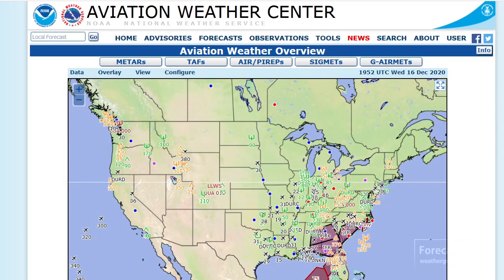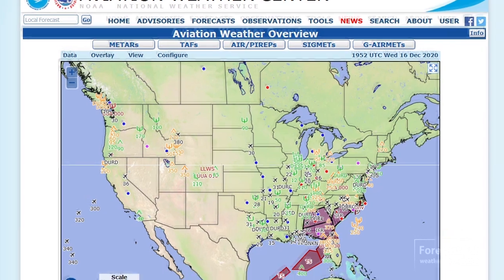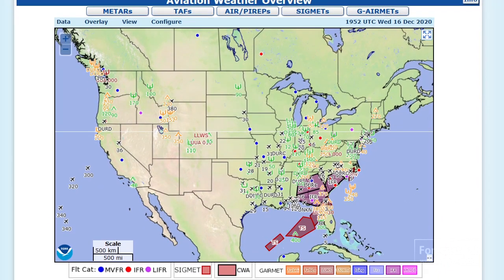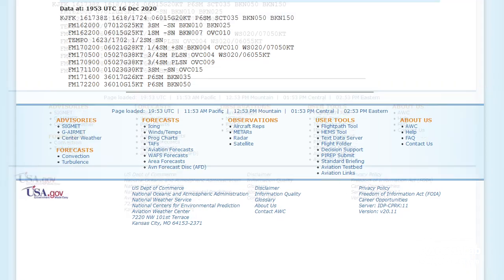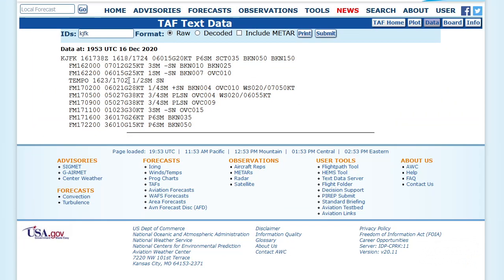Now here's one interesting perspective we can use to see what's going to happen in New York City. We can go to this TAF panel, and what I'll do is I'll just bring up JFK. They're going to be on southwestern Long Island. And this is constructed by a human forecaster, so this is going to get you very close to the kind of weather that they're expecting.